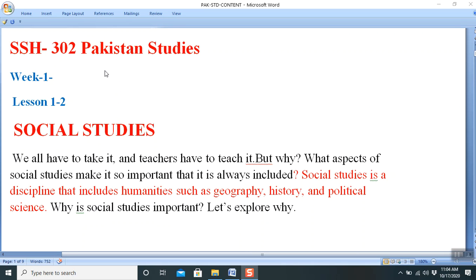For example, Pakistan studies will definitely cover the geography of the country, in Pakistan. Fine.